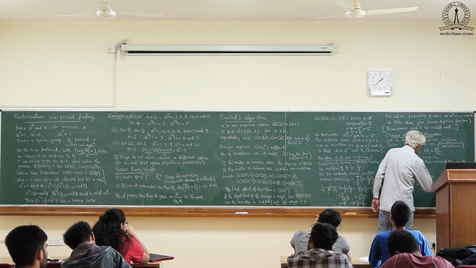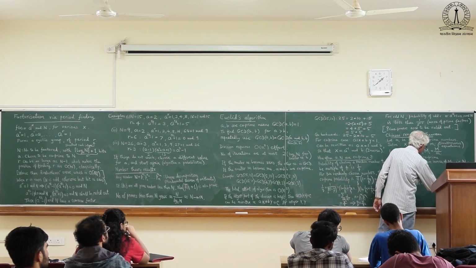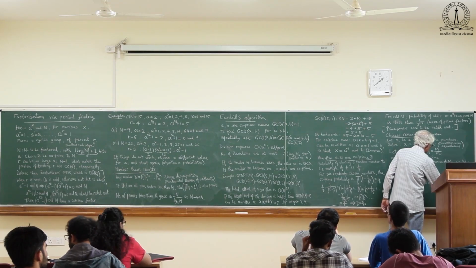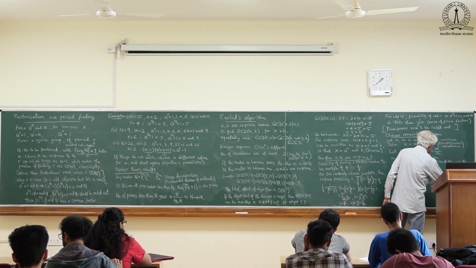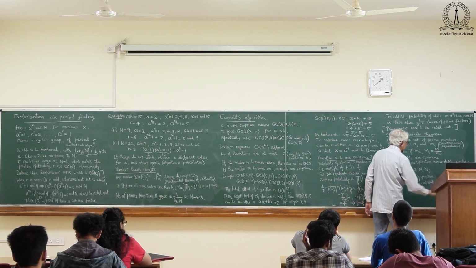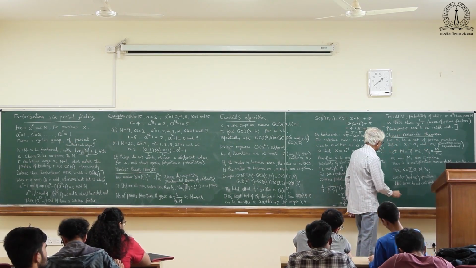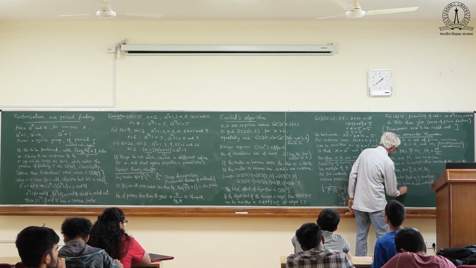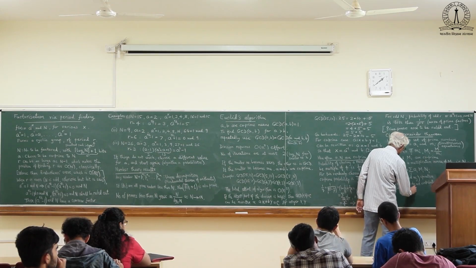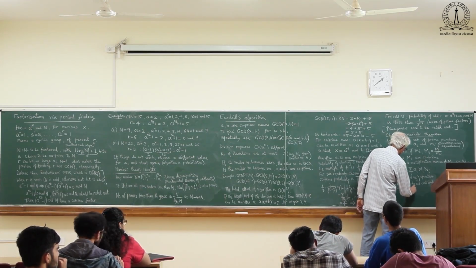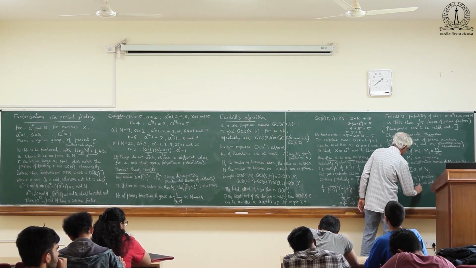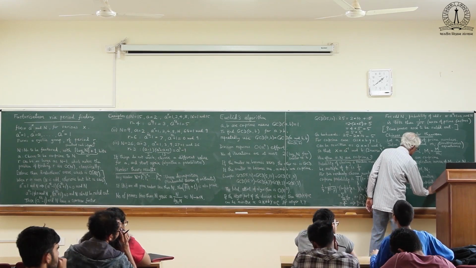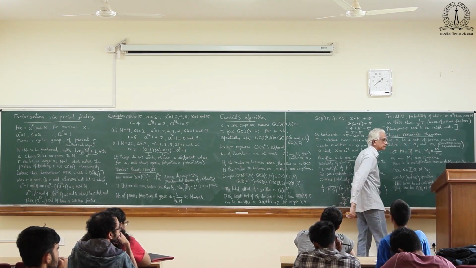Because Mi mod small mj is 0 for i not equal to j, and the j equal to i term has Mi ni equal to 1 mod mi.